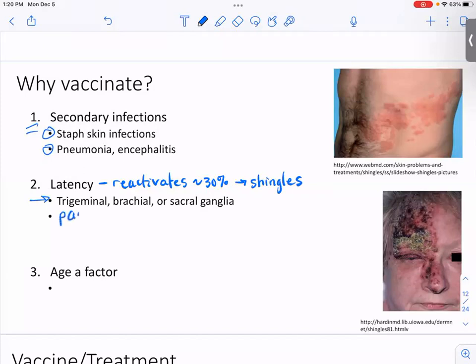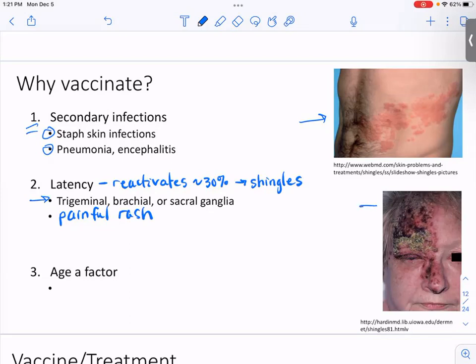Shingles manifests as a painful rash, right? Chickenpox was itchy, shingles is painful. So you can see this, the most common place that it manifests is in the belt region. So that's zoster, Latin for belt. That's where that came from. But it can activate again, depending on which nerve it goes latent in or where it reactivates.